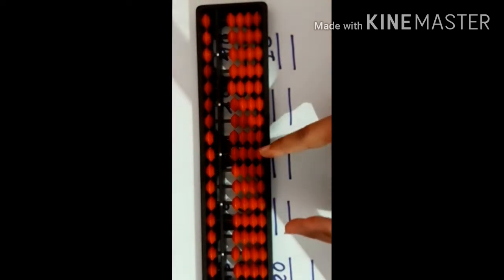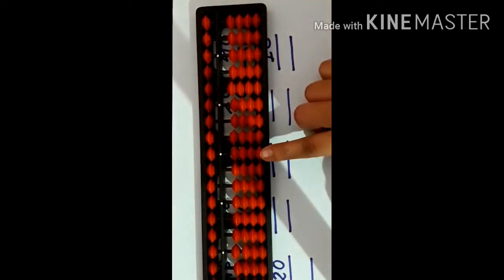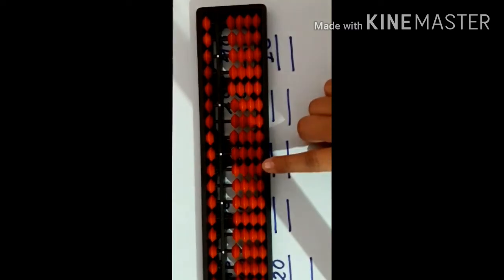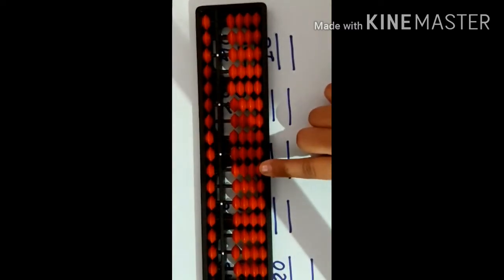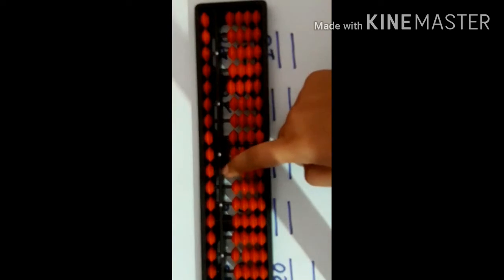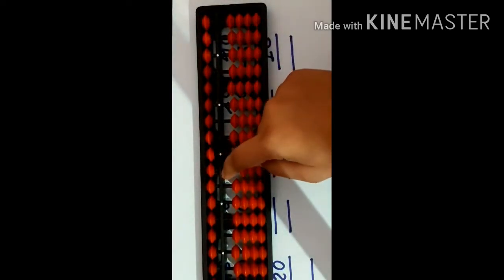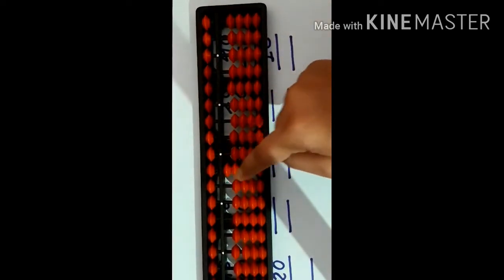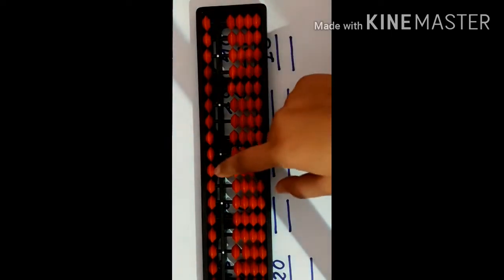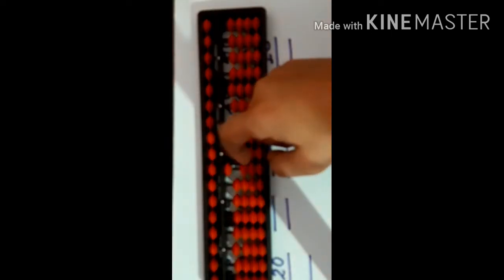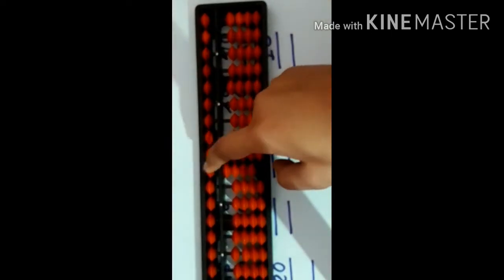On the left hand side, this is the units rod, and just on the left hand side there is the tens rod. This is the tens rod and its one bead value is 10: 10, 20, 30, 40.